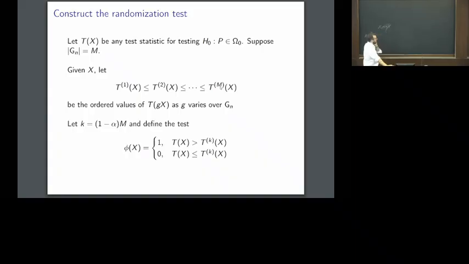If I have that, and we're going to give examples right after, but I'll build it abstractly now. I can think of evaluating my test statistic. Maybe it's a difference in means. Maybe I want to know if the first half of the entries are different from the second half, and my test statistic is the sample average of the first half minus the sample average of the second half.